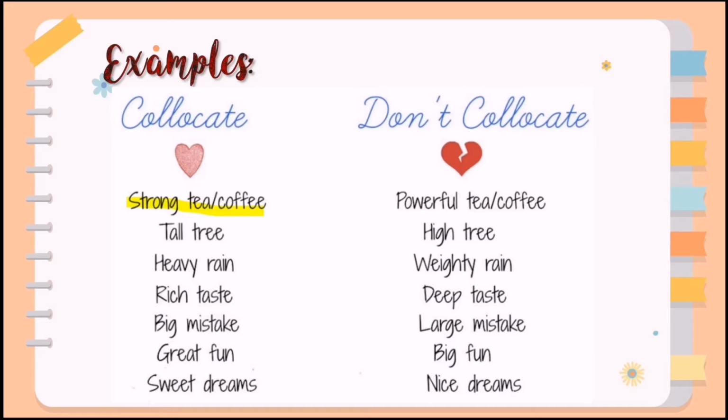Instead of high tree, you say tall tree. Heavy rain instead of weighty rain. Rich taste instead of deep taste. Big mistake instead of large mistake. Great fun instead of big fun. Sweet dreams instead of nice dreams.